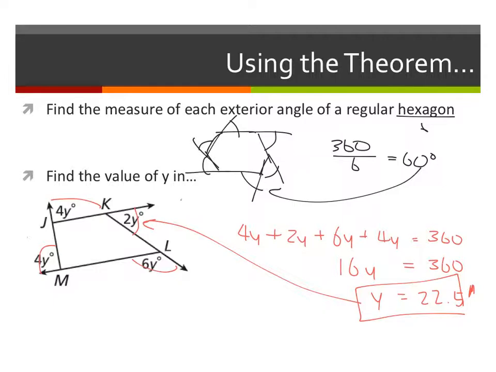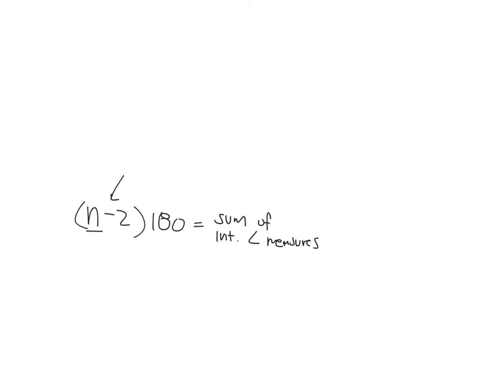So let's recap really quick. We have the polygon interior angle sum theorem, which says n minus 2, given that n is the number of sides, times 180 equals the sum of interior angle measures, right? N minus 2 here is the number of triangles that you can form.